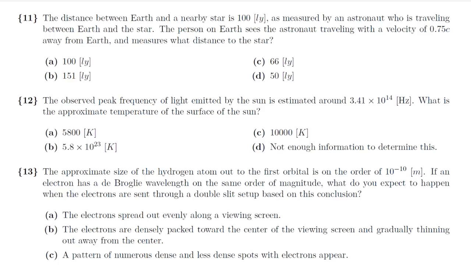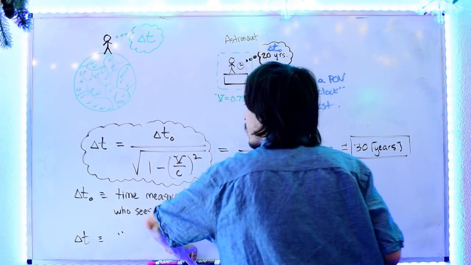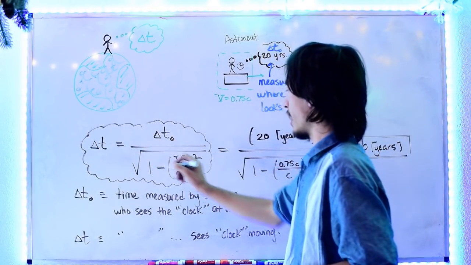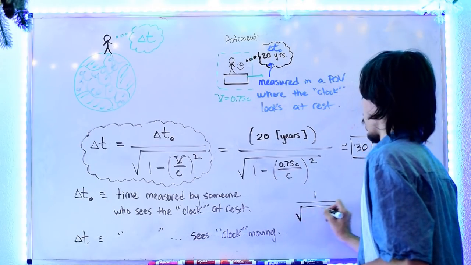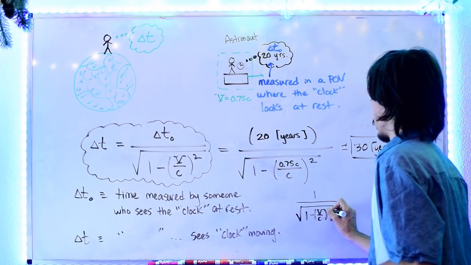I'm going to do problem 11, but instead of gamma, you change it to time. Actually, let me write it this way. The way you can write this equation to mean the same thing is that you take 1 over the square root of all that and call it gamma.